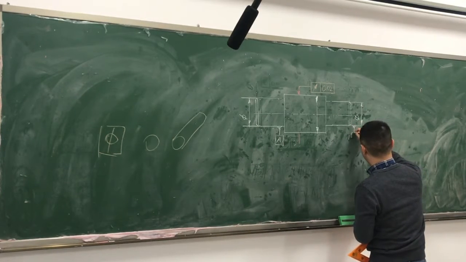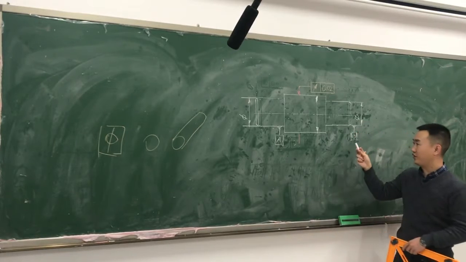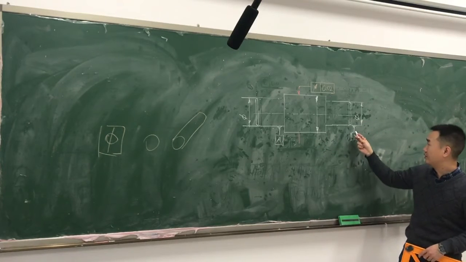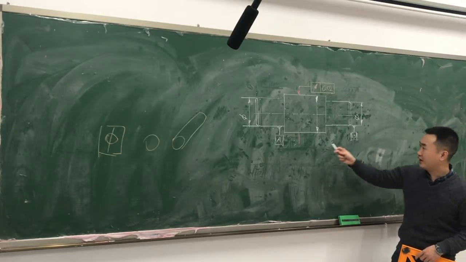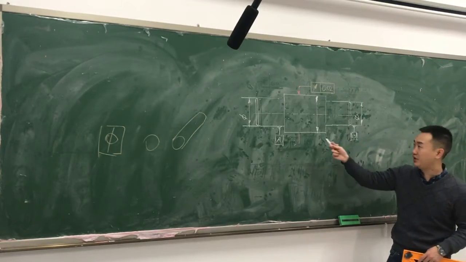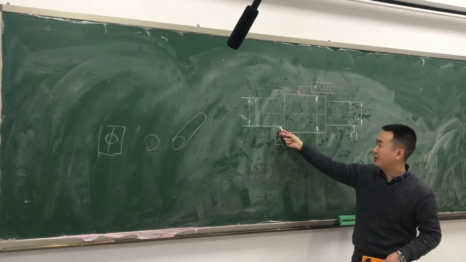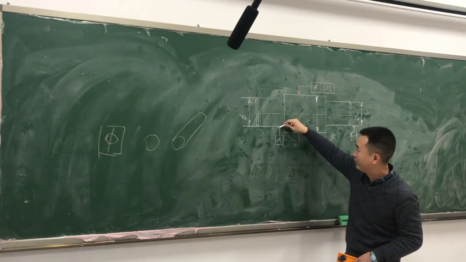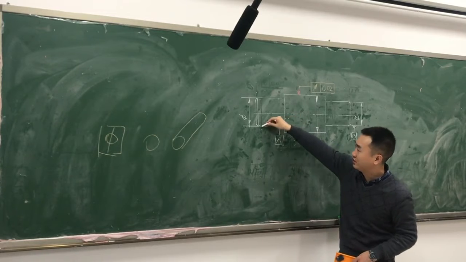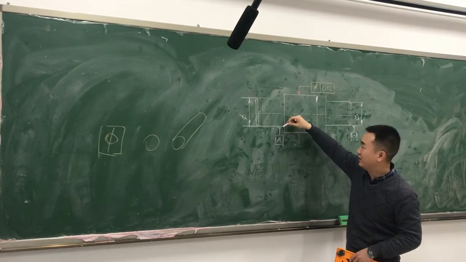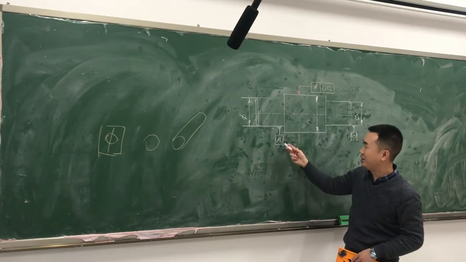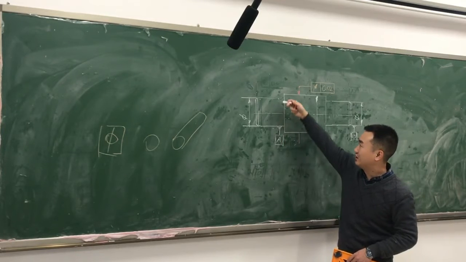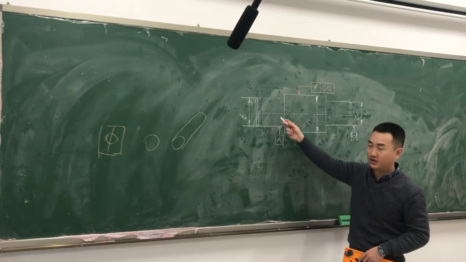If datum A is here, datum B is here, what does it mean? It means that the middle line points to this profile line, this contour line. So it means that the datum is the surface of the cylinder.